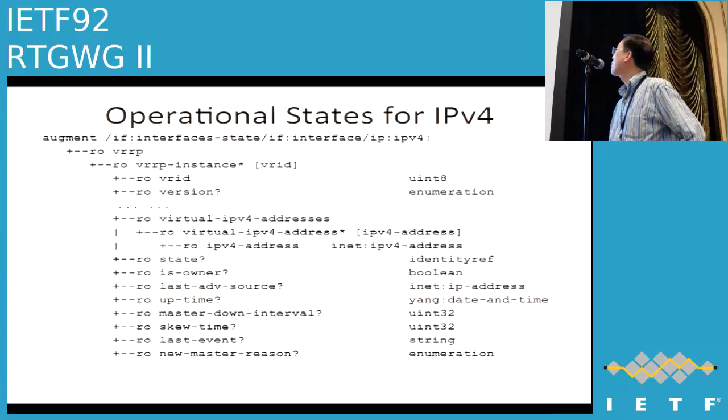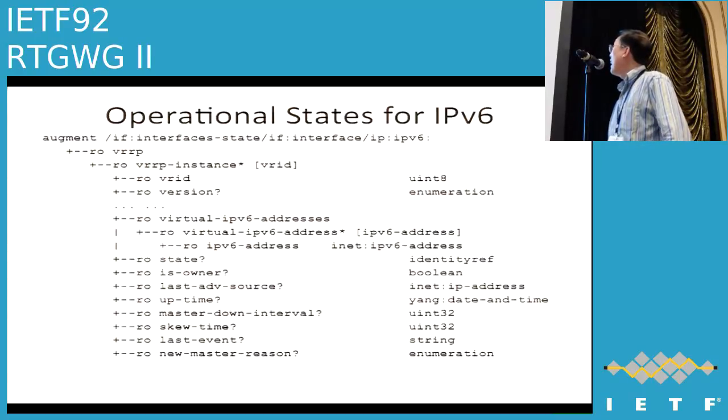You can check whether it's backup, master, or whether this instance is the owner of the address or not. Next slide, please. Still with the state branch, we also cover the statistics. That gives us all the statistics information. Next one. Same thing for IPv6. Next one.